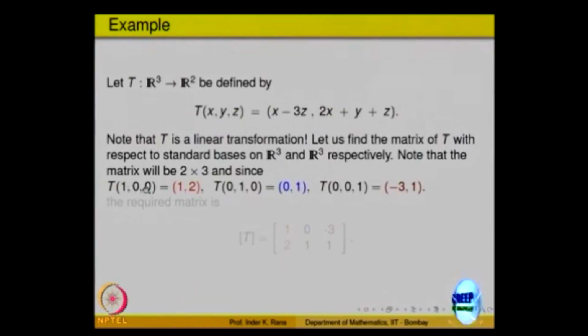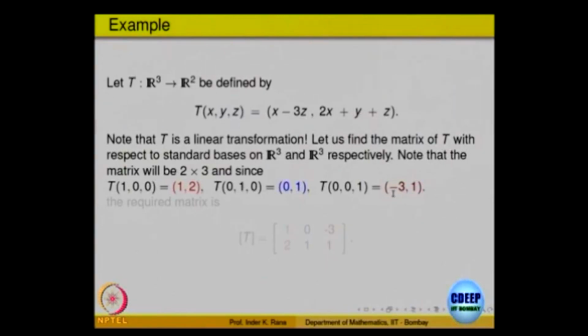Find its image according to this formula, that is the definition. So x is equal to 1, y equal to 0, z equal to 0. That gives you T of 1 0 0 is 1 2.